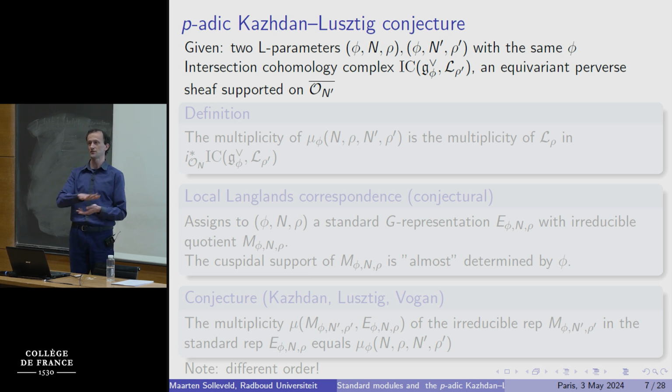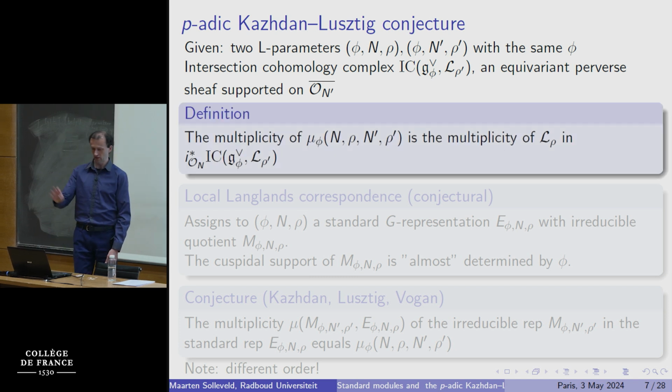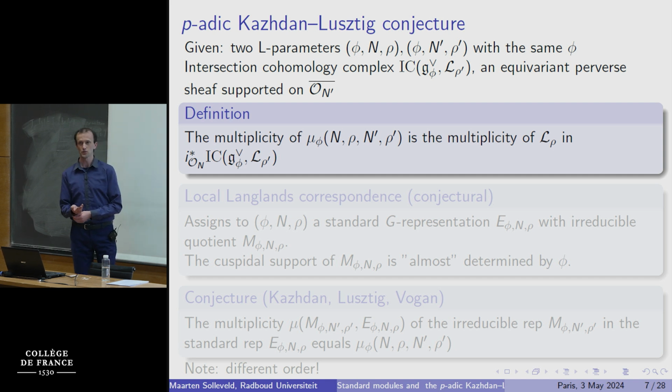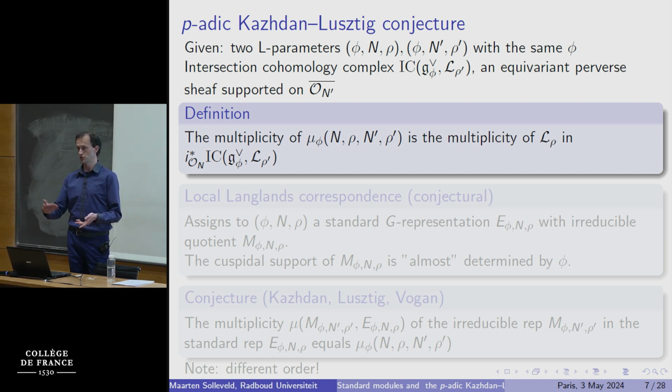So they live on some subset of this vector space g phi check. And then you have two things to compare. You have one intersection cohomology complex, whose support is the union of a certain number of orbits for the centralizer in G check of phi.